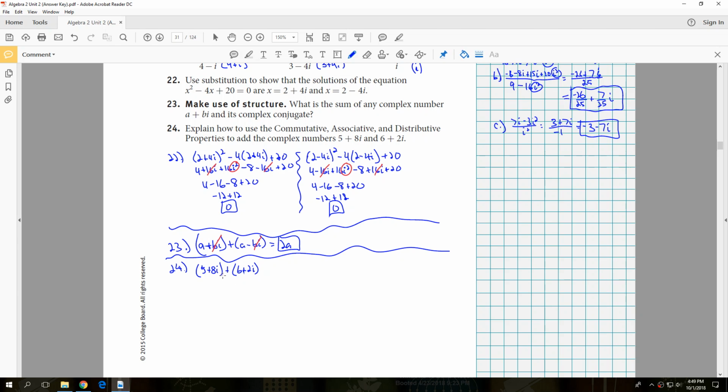Commutative means I can move these things around. So I'm going to move the 6 with the 5 and the 8i with the 2i. That means that I have 5 plus 6 plus 8i plus 2i. We'll call that the commutative property.